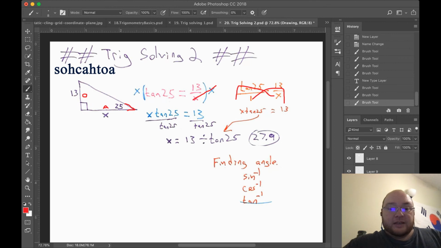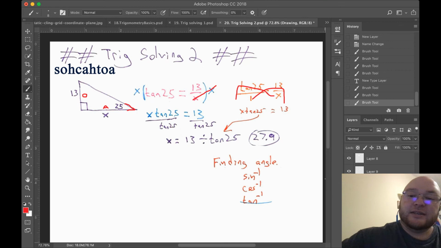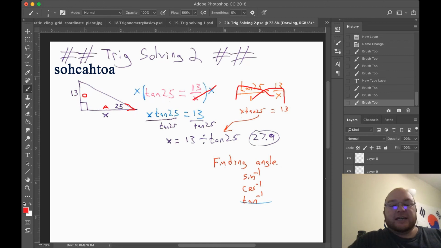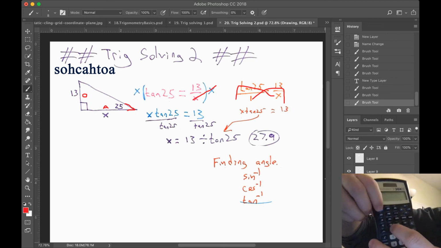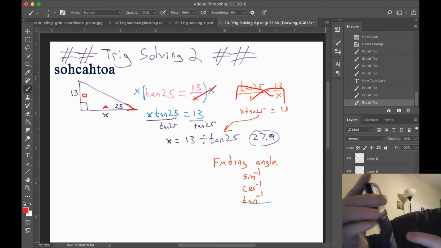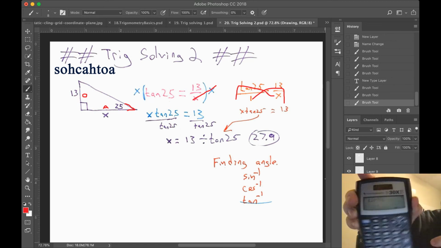Okay, here's something that's different, and that's finding an angle. When you're finding an angle, you're going to use what's called the inverse sine, the inverse cosine, and the inverse tangent button, which you're going to use second sine, and that gives you sine inverse, right?